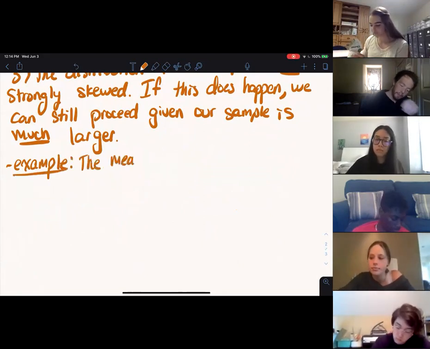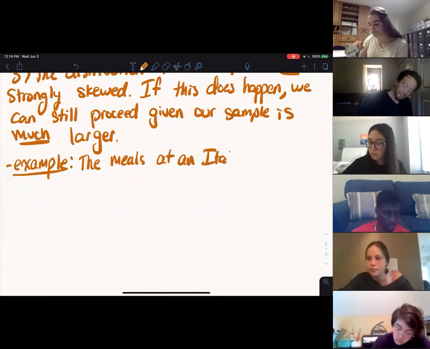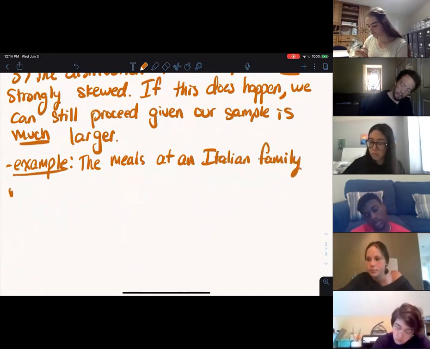The meals at an Italian family reunion are epically large.